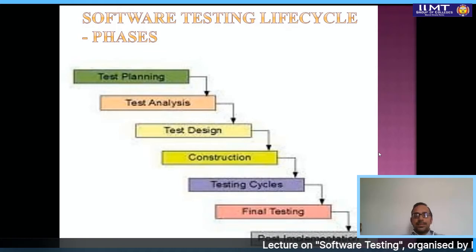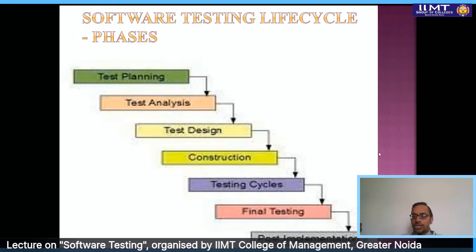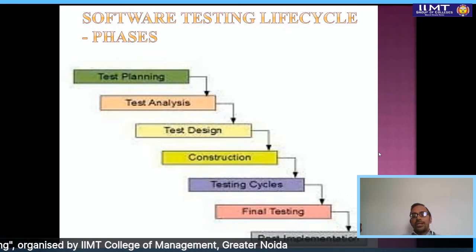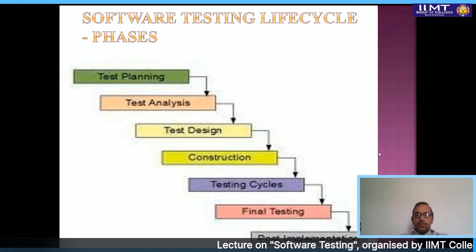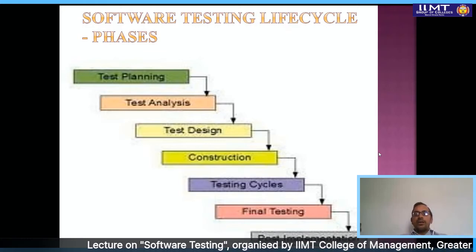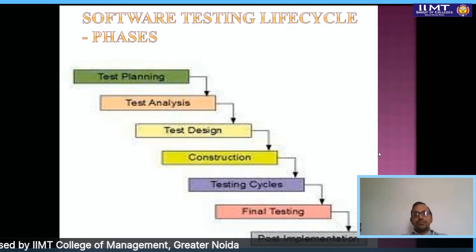Then we analyze all the test cases, then we design the test cases, cross-check all of them, follow the test cycle, do the final checking, and finally implement the life cycle. This is the same as working in the SDLC that was discussed previously in my lecture.